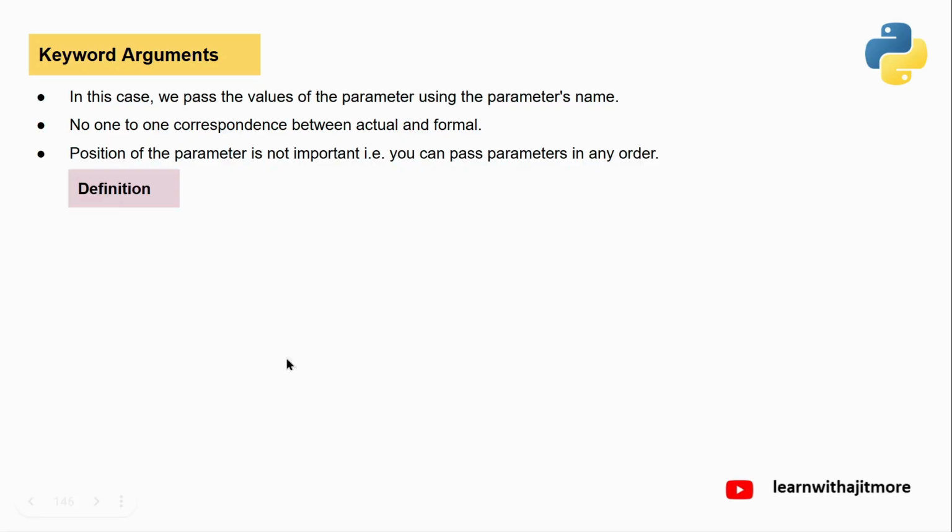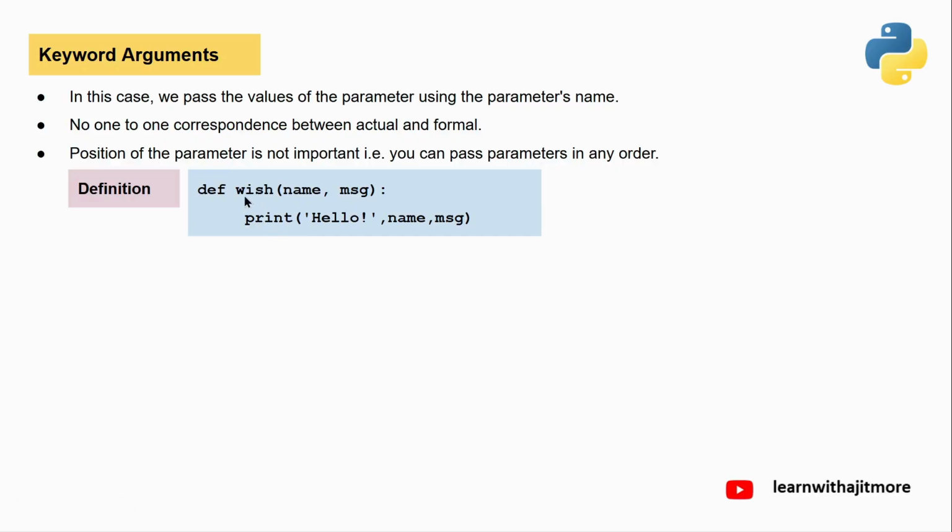Now, as an example, suppose I'm defining one function, wish. These are just examples to illustrate the concept, guys. Generally, in interviews, you should take simple examples and try to explain the concept instead of taking very lengthy code. No one is interested in listening.